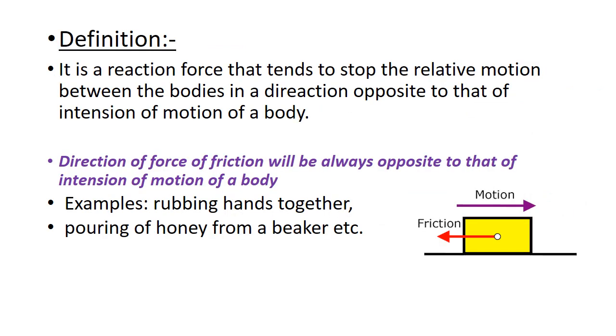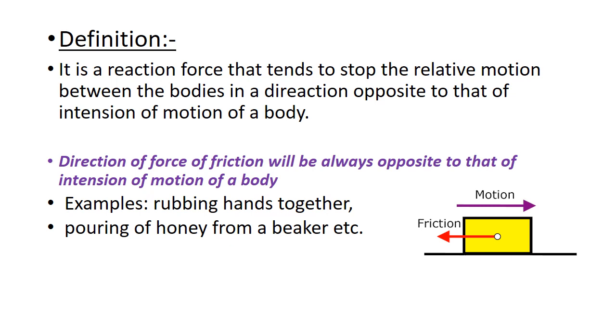So let's talk about the definition of friction. When I applied a certain amount of force on a body, our aim was to bring this body into a state of motion. In the initial case the body was not changing its position, but our aim was to bring the body in motion.